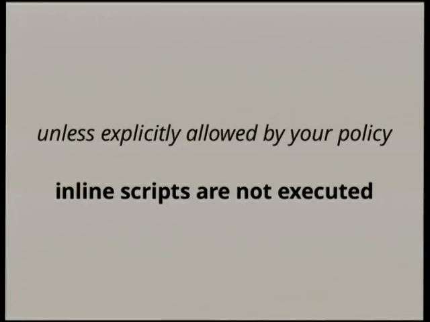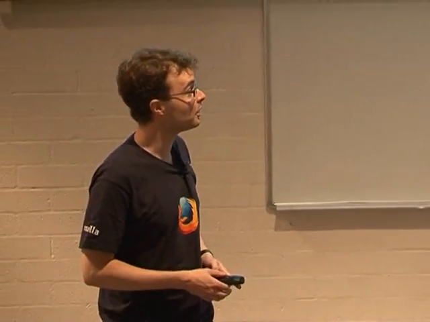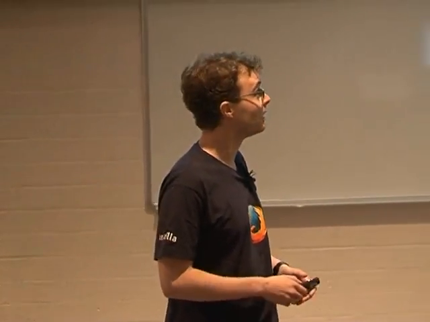One thing to note is that unless it's explicitly allowed by your policy, all inline scripts are disabled. That's because there's no way for the browser to tell the difference between your inline scripts that you put into your application and the inline scripts that users put into your application through your lack of filtering. And so all of them are disabled by default.